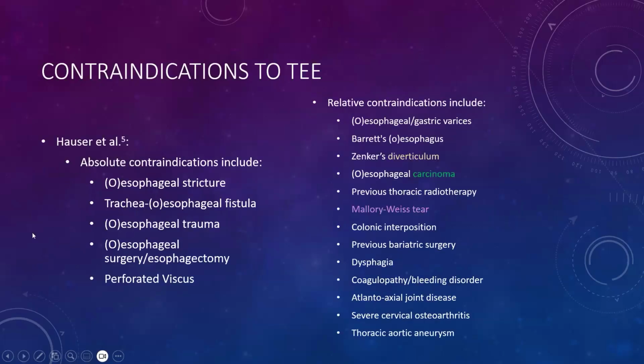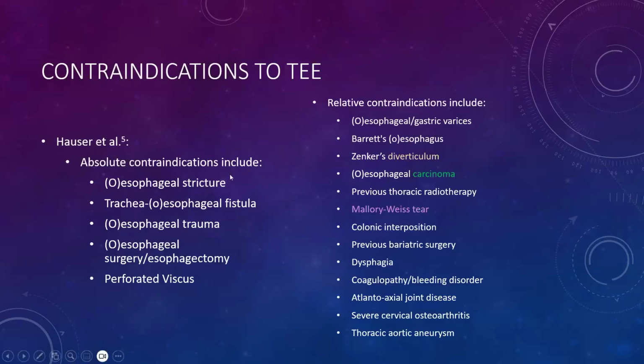So let's see what some other folks say. Clearly, this is someone who speaks the King's English, but absolute contraindications are, again, stricture, fistula, trauma, esophagectomy. So as you can see, these are relatively consistent absolute contraindications. A perforated viscus, definitely something that we think about.